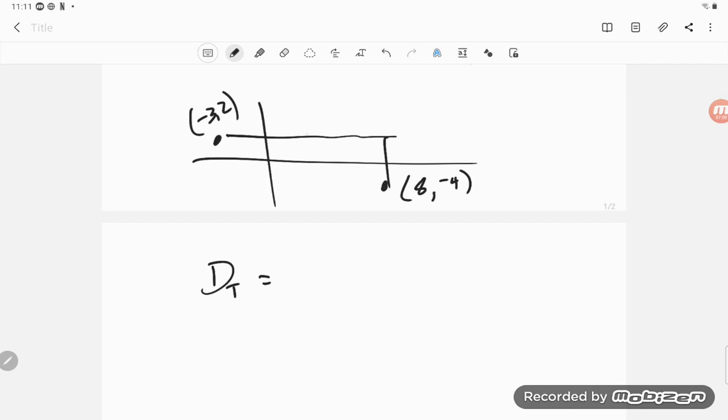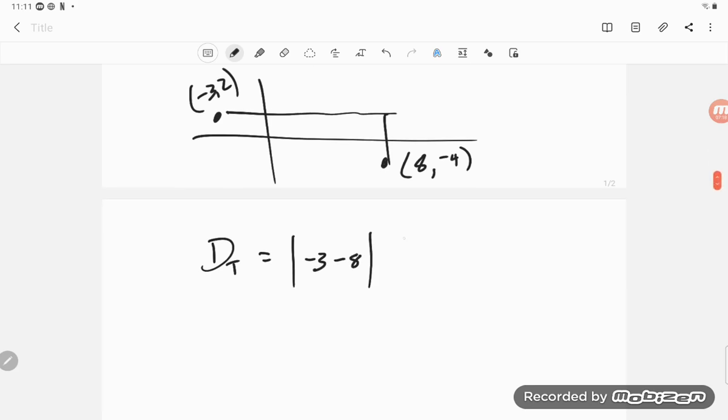So that's the difference in the x's, but the absolute value. So I'll take -3 minus 8 absolute value plus the absolute value of 2 minus a -4.